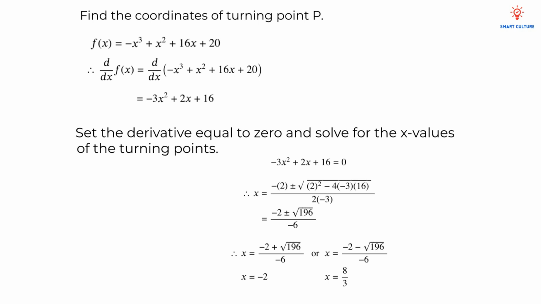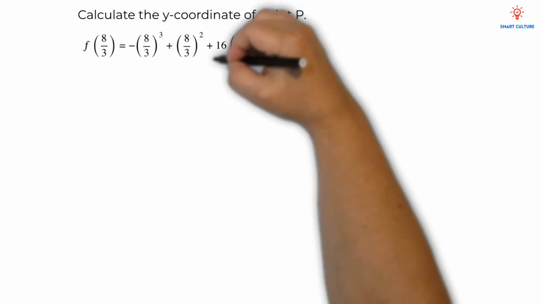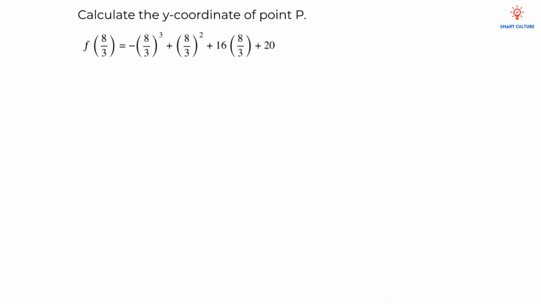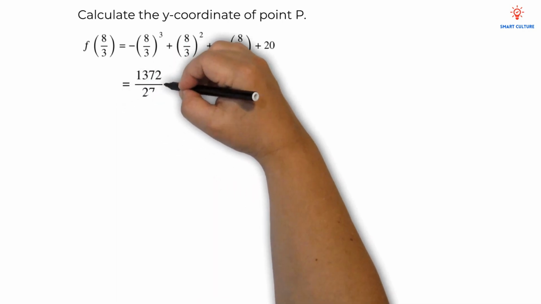Now we need to determine the y-coordinate. We only have the x-coordinate. So what we do is substitute x = 8/3 back into the original function because the turning point is a point on the original curve. Remember, do not substitute back into the equation for the derivative.